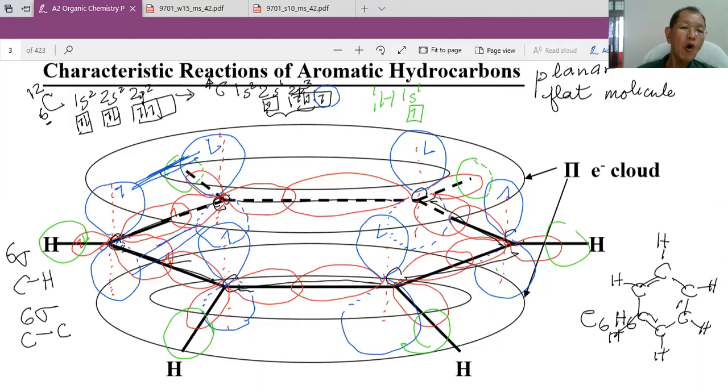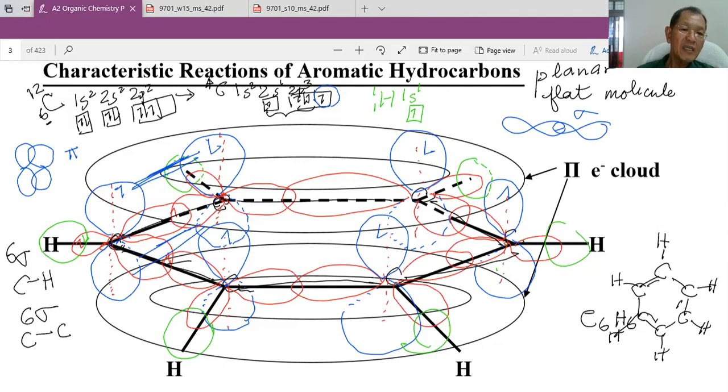When p orbitals overlap in this fashion, what kind of bonds are formed? Pi bonds. If p overlaps head-on, it's sigma. Here, top and bottom, it's pi.